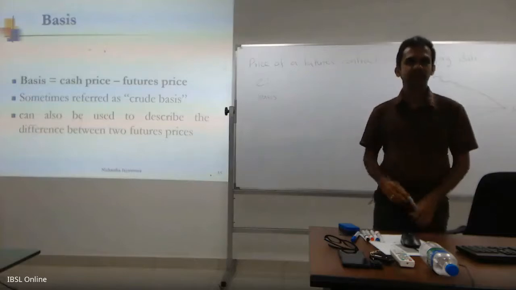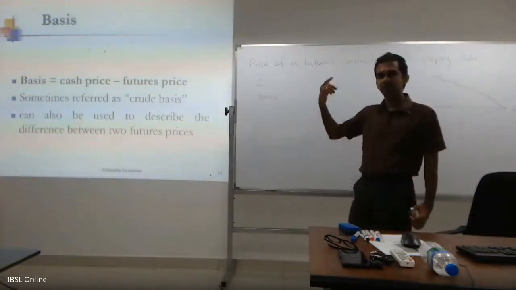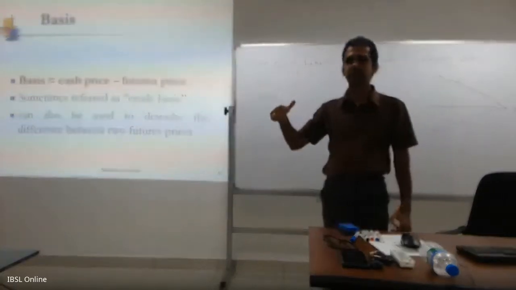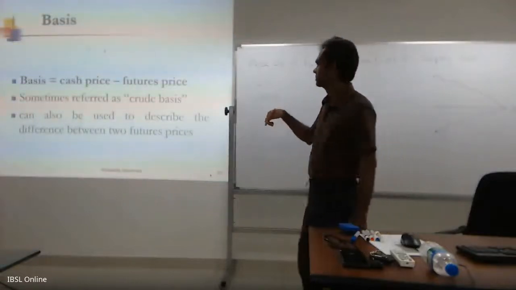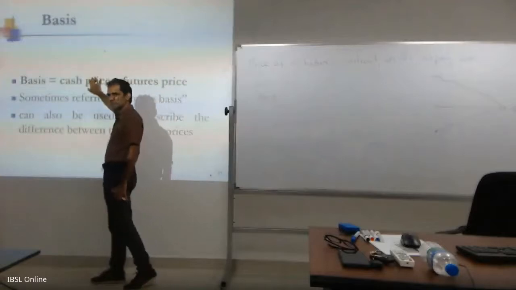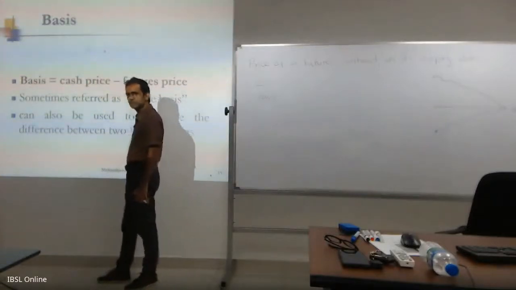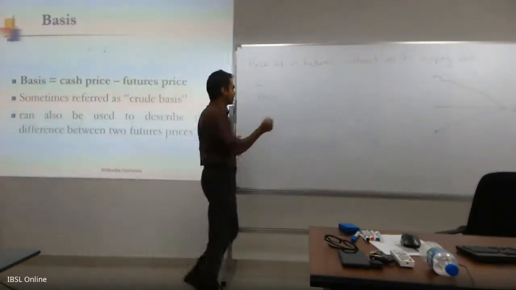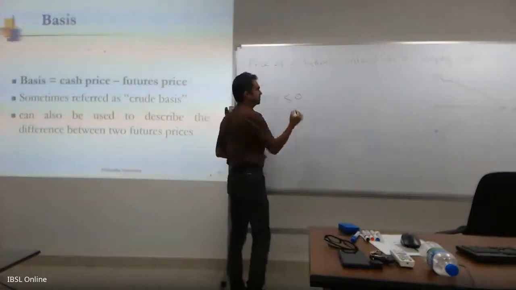Negative. Why? In a contango market, the futures price is higher than the spot price or the cash price, so this difference is negative. In a contango market, basis is negative.